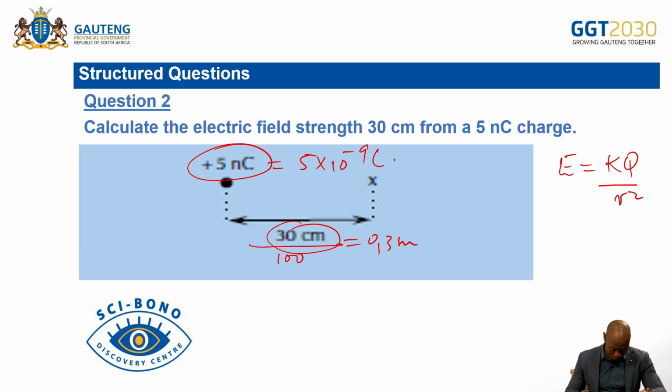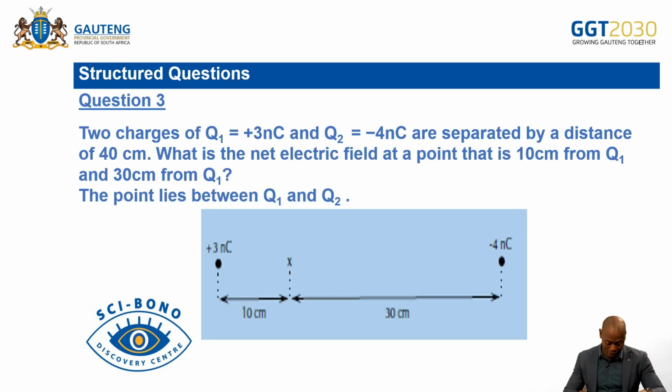So these are some of the questions that you will get. Okay. Then the second one. So you can see now I'm having more than two charges. I'm having a positive 3 and a negative 4.